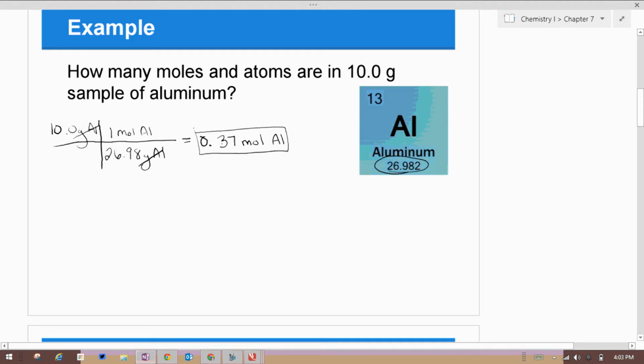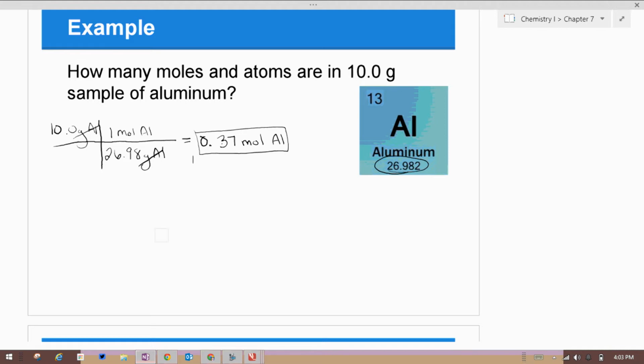So you multiply the top, divide by the bottom: 10.0 divided by 26.98, and that gives us a rounded 0.37. Now I'm going to leave that long decimal answer in my calculator because I'm going to use that again in the next problem, because what they also asked us for is atoms.